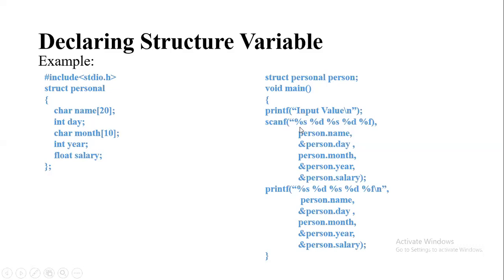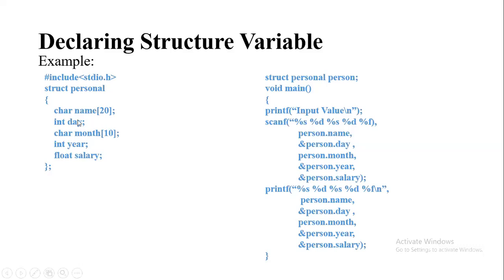For strings, we can simply give the name. Like if we declare char s[10], we can simply take input by writing scanf("%s", s). That's it, right? Only the name of the string is enough. Similarly here, the name of the string is name, but it is a member of a structure. So to access this, we will give person.name.